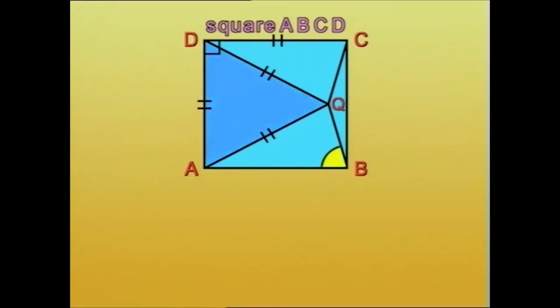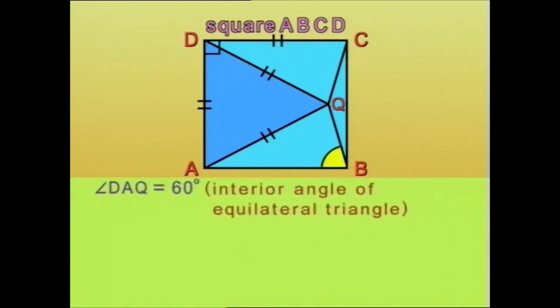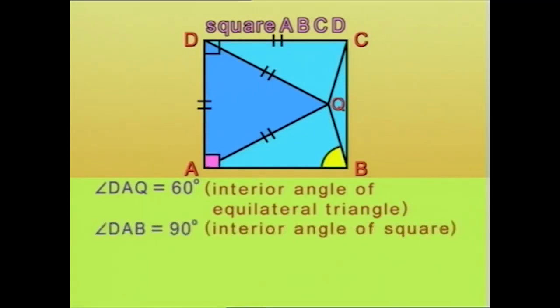Since triangle AQD is an equilateral triangle, it follows that angle DAQ equals 60 degrees. ABCD is a square. This means that angle DAB equals 90 degrees. Therefore, angle QAB equals 90 degrees minus 60 degrees equals 30 degrees.